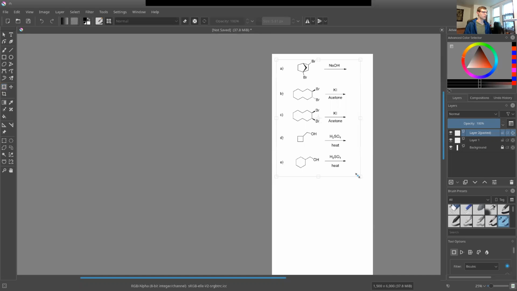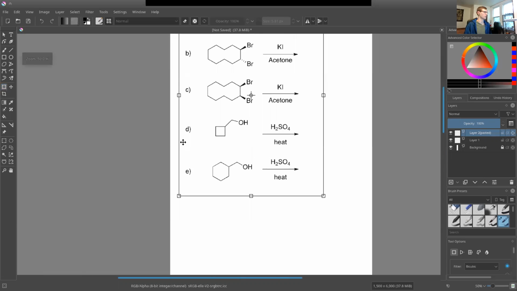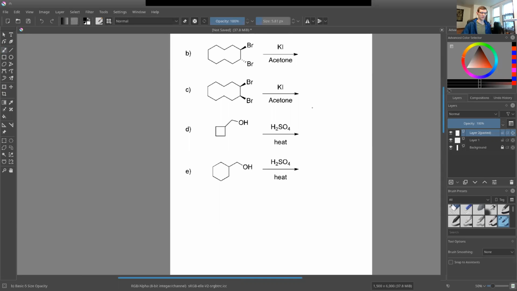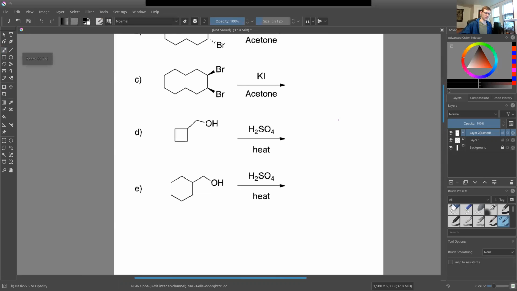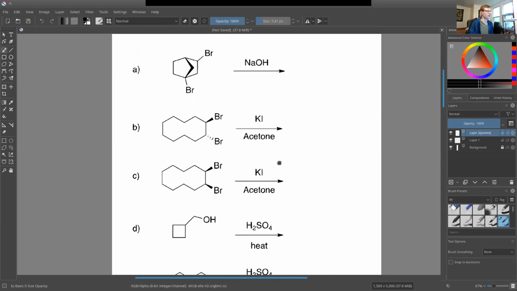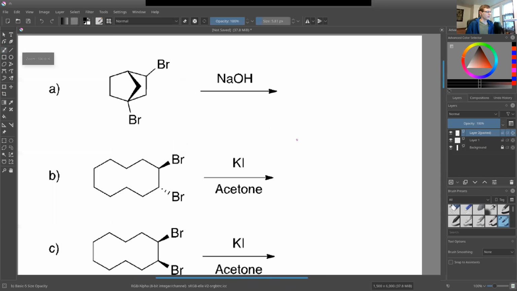Okay, here's a bunch of reactions, right? And it's just to predict the product. This is like a standard, classic. We're all used to this sort of thing. Okay, so this first problem, well, we could redraw it, right?